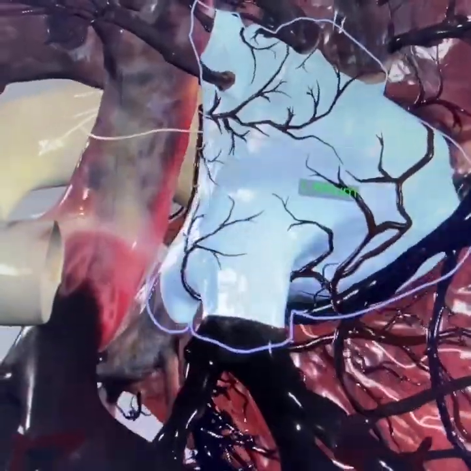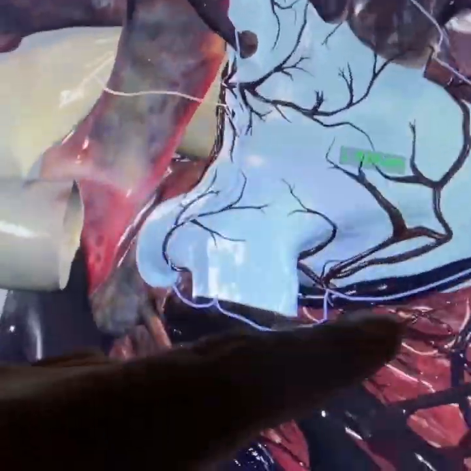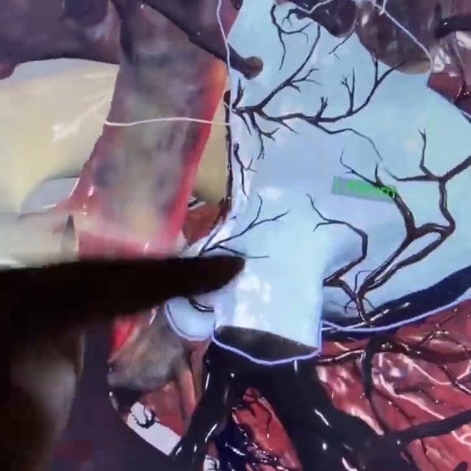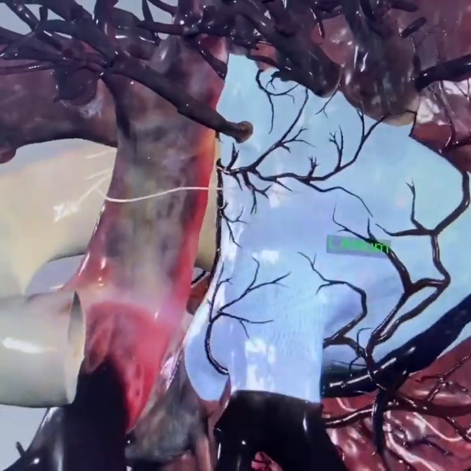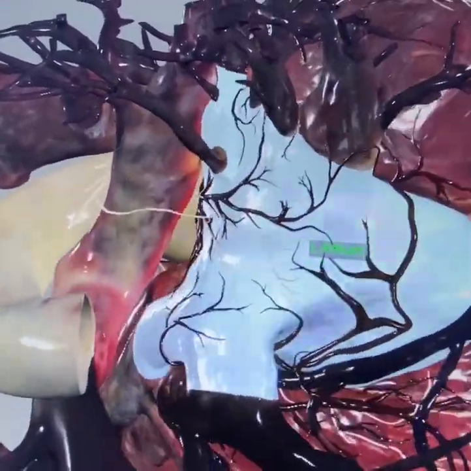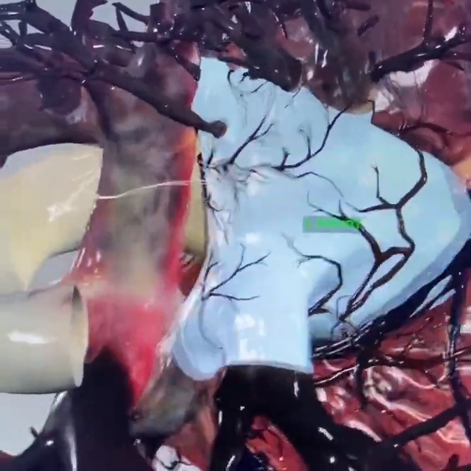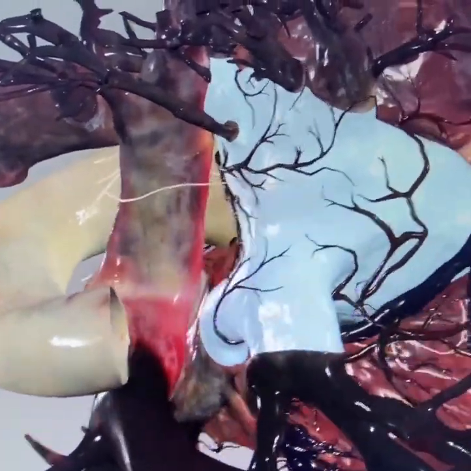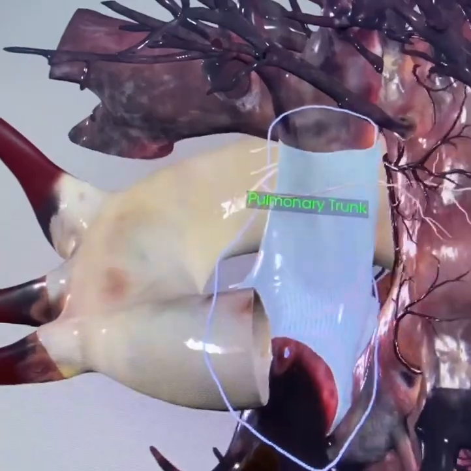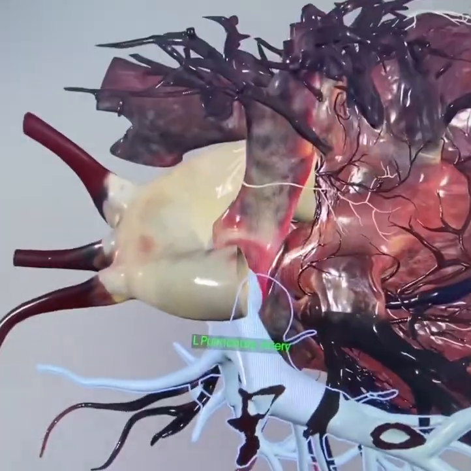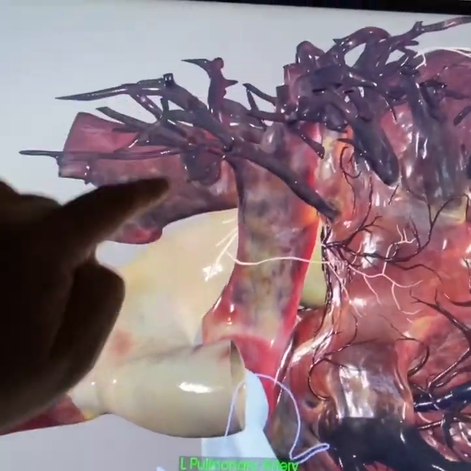If you notice the left atrium, you have a left and right pulmonary vein, since that's coming back from the lungs to the oxygenated side. And if you recall the pulmonary trunk up here, that also goes into a left pulmonary artery and right pulmonary artery.